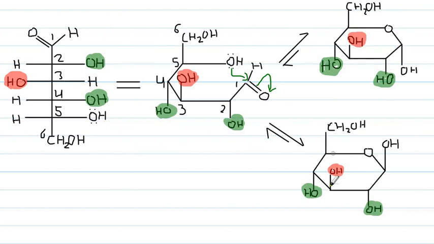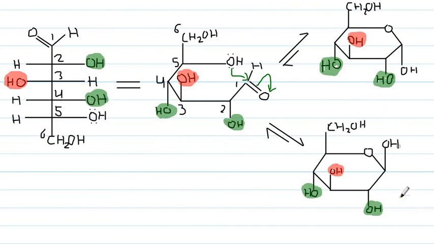So this is a cyclic structure and this is an open chain structure. The open chain structure is represented by the Fischer projection and the closed cyclic structures are represented by the Haworth projection. So these two are the Haworth projections and this is the Fischer projection.